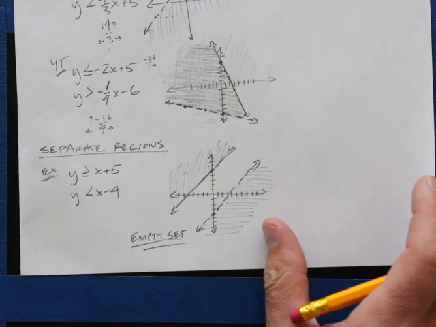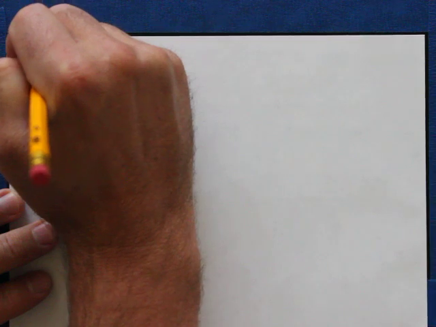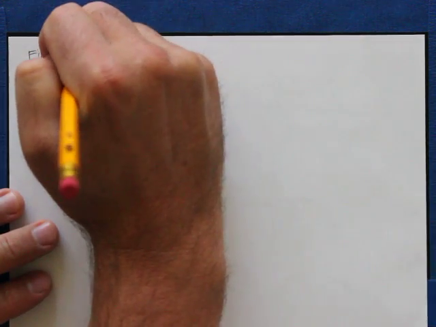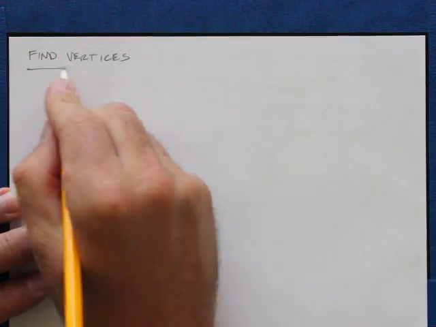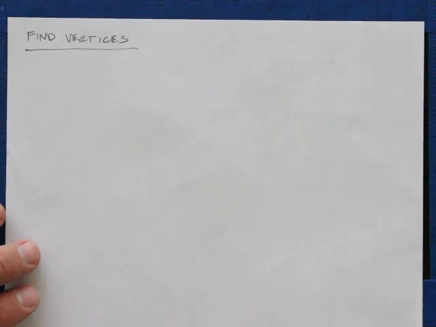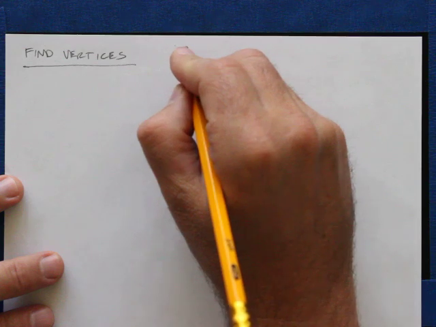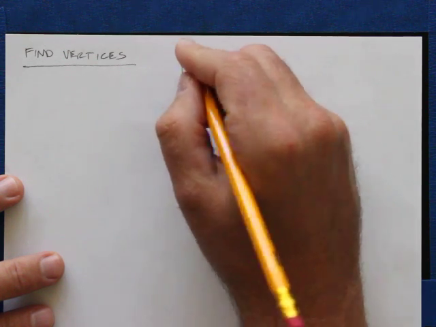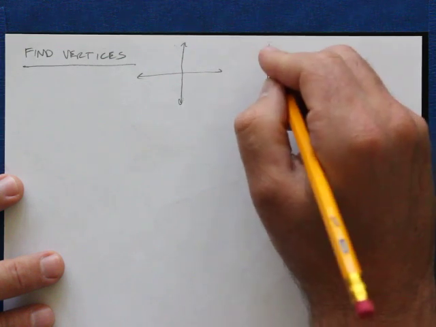do not overlap. All right, now we're going to move on to something a little bit different here, and this is, we are going to find some vertices. So when we have a system of equations, we'll say our 3 lines, let's think about if we've got 3 lines, we're going to draw 3 coordinate planes.